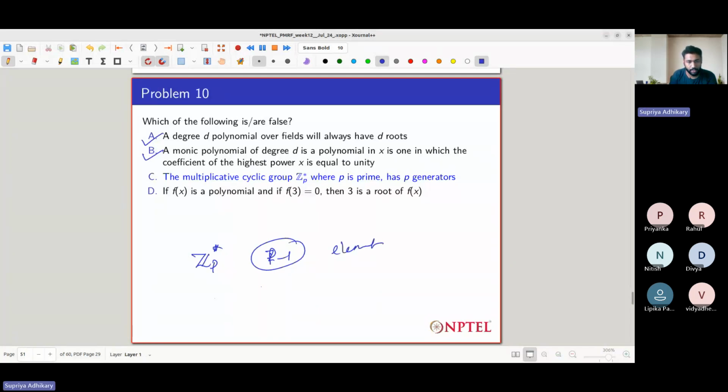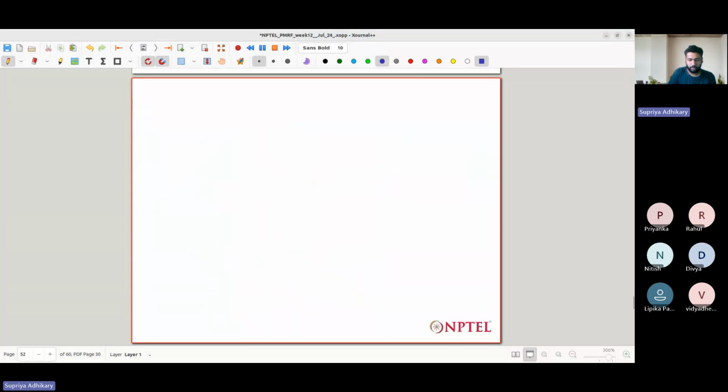Z_p star is basically the set of all non-zero integers less than p. Okay, so 1, 2, up to p minus 1. These are the elements that are in Z_p star. So it has only p minus 1 many elements. So how can it have p many generators? Right. So anyway, what if the statement had said that it has p minus 1 many generators?